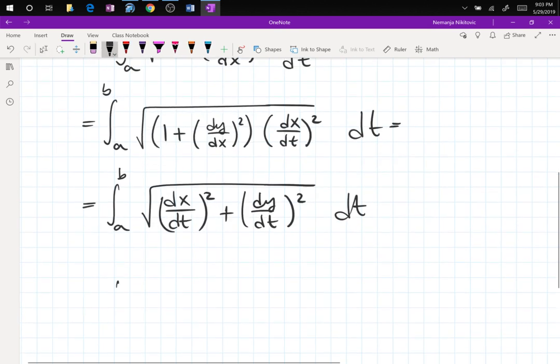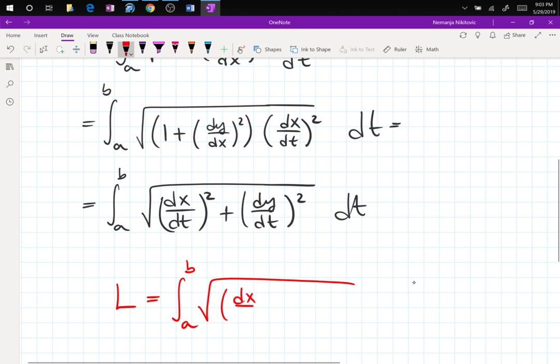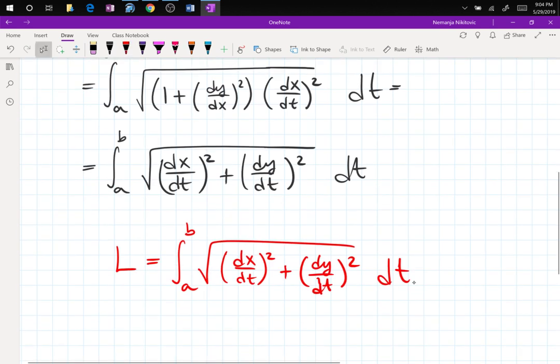So what we just got here is the length of the curve for 2D in parametric form. You see dx dt squared plus dy dt squared dt.